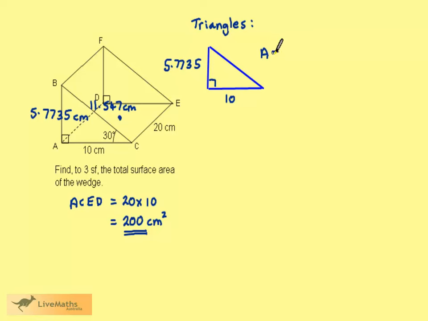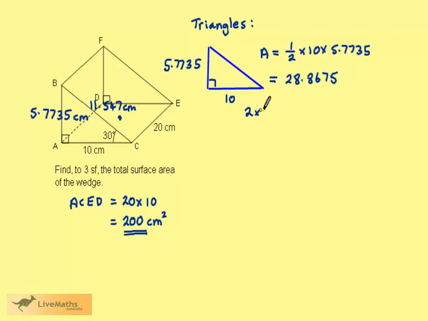The area of this triangle is going to be a half times the base times the height. Calculating this gives 28.8675.